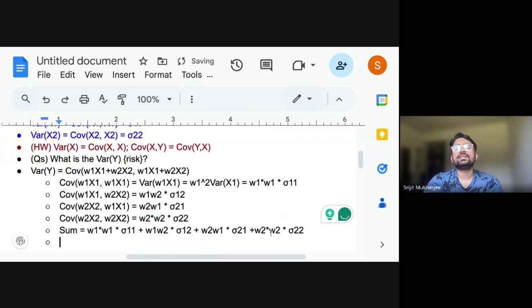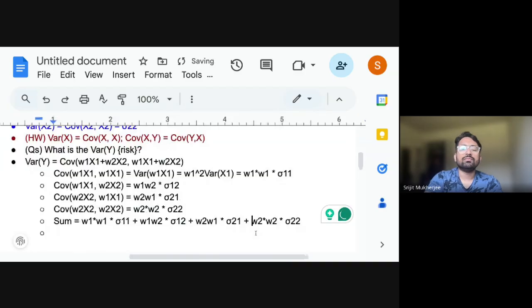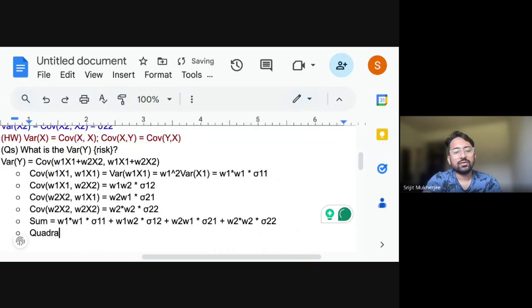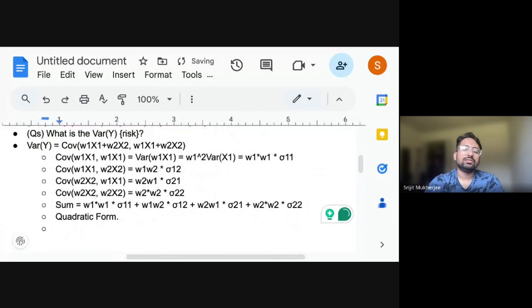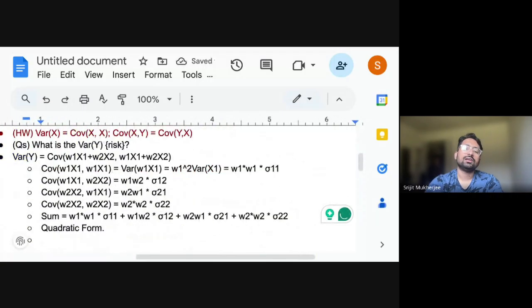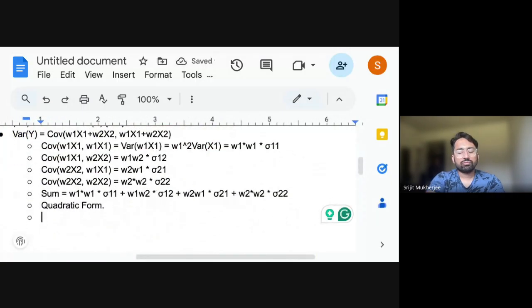Now, this is an interesting term. This is something called a quadratic form. And the best part is how you write it. And this sum turns out to be nothing but something like this.